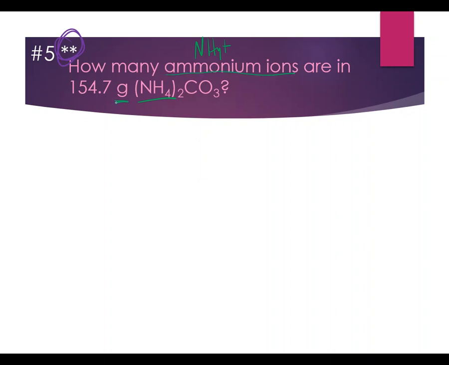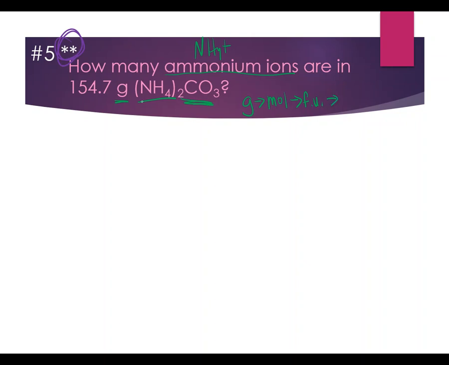Looking at here, ammonium carbonate, how many ammonium ions? So we're starting with grams. Where do we go directly to from grams always? Grams can take us to the mole. Good. From the mole, I can't go directly to ammonium ions, but I can go to the formula units of this compound here. So I can head over to formula units, and that would be Avogadro's number, of course.